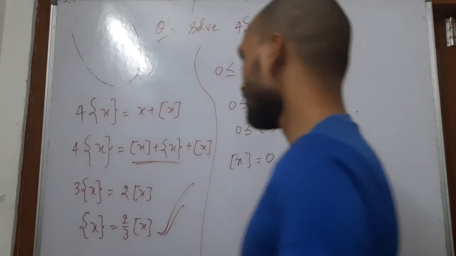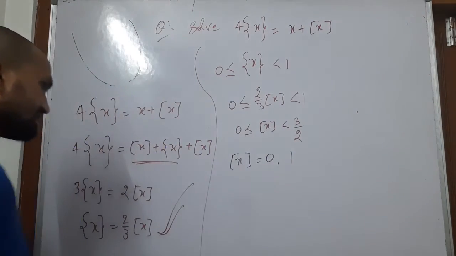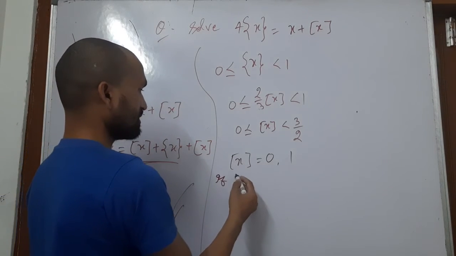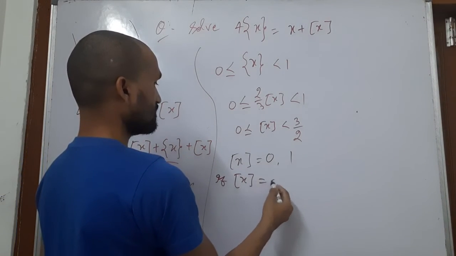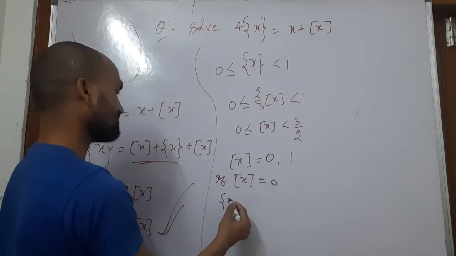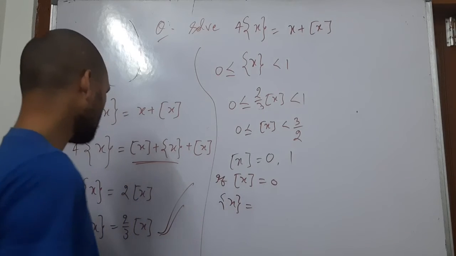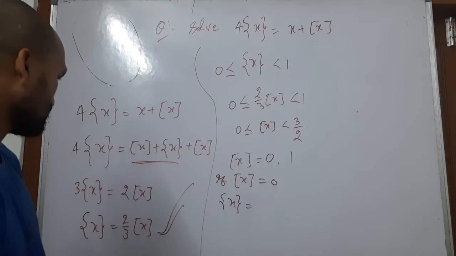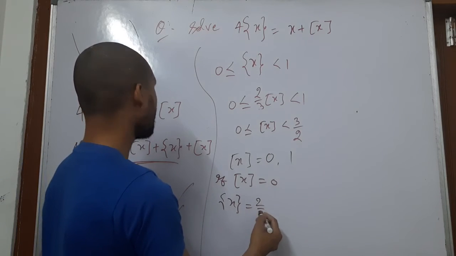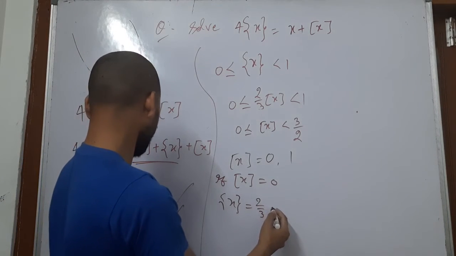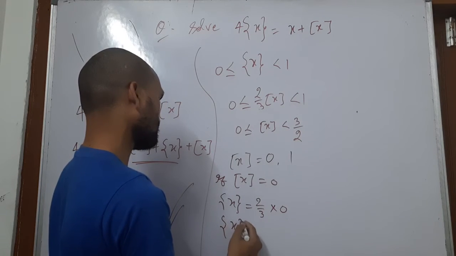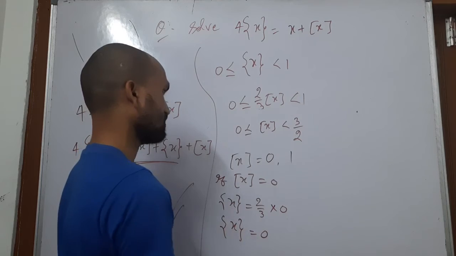Okay. Now, if greatest integer x is equal to 0, we will get fractional part x equal to 2 by 3 into 0, so it is 0.